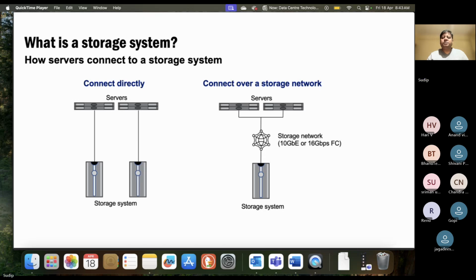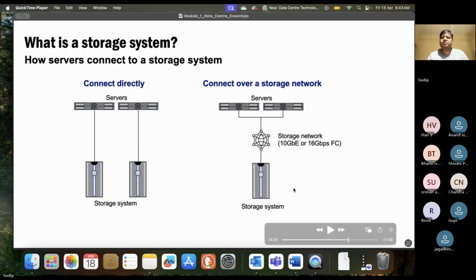No? Okay, no issues. So a network cable is also called an Ethernet cable. Okay, and this E in 10GbE stands for Ethernet.